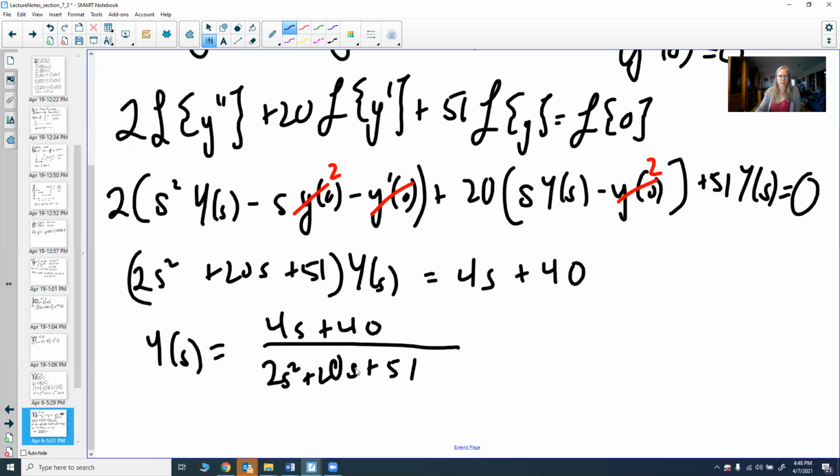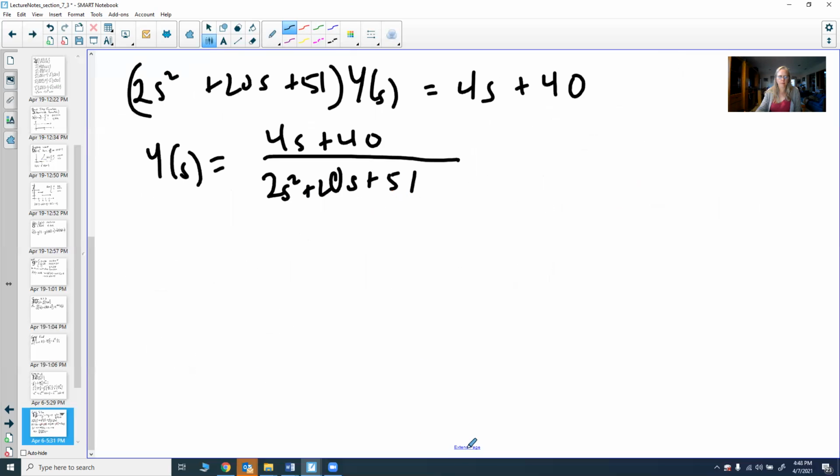Okay, so now we need to do the partial fraction decomposition on this. So we're going to go ahead and do that.